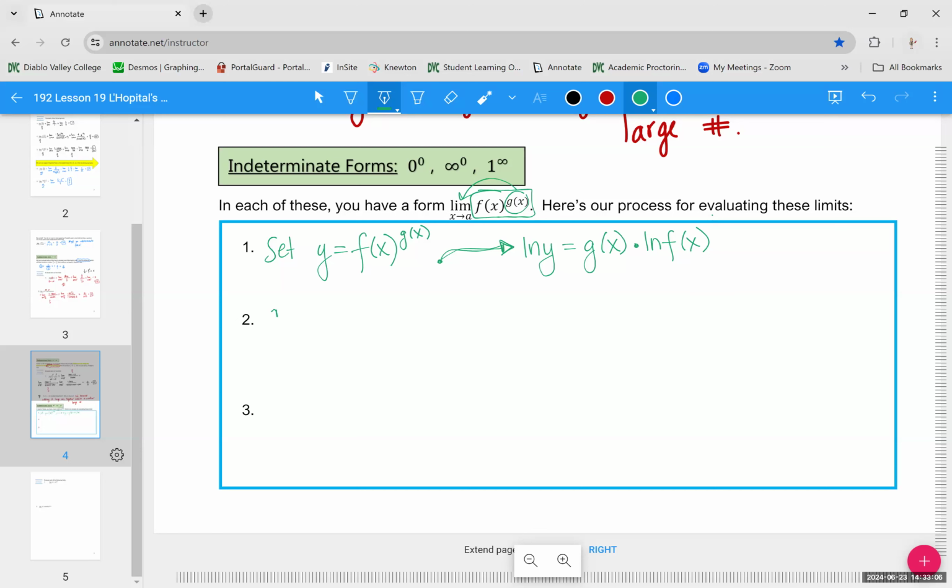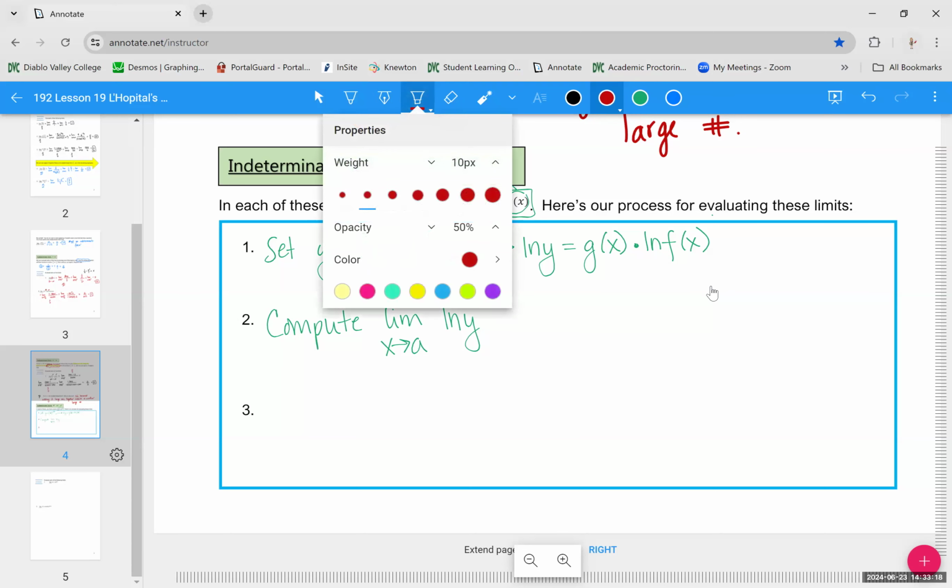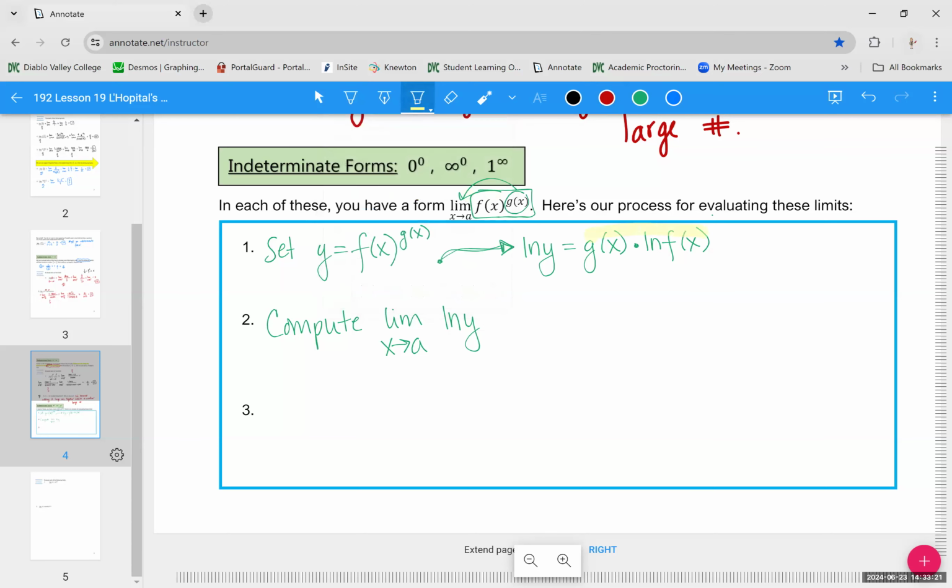Okay. And then you're going to compute the limit as x approaches a of the ln of y, of this thing that you just created, which you will be able to manipulate because basically now you will have it probably in an infinity times zero kind of scenario.